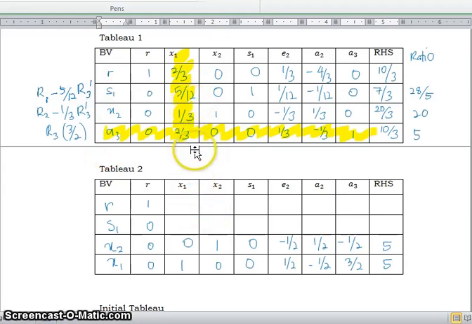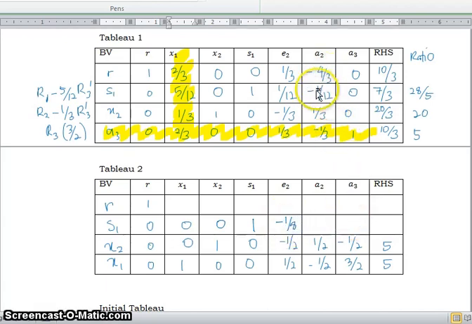So the coefficient of x1 is 0, x2 also 0, s1 is 1, e2 is 1 over 2 minus 5 over 12 times 1 over 2. Therefore, we get negative 1 over 8.